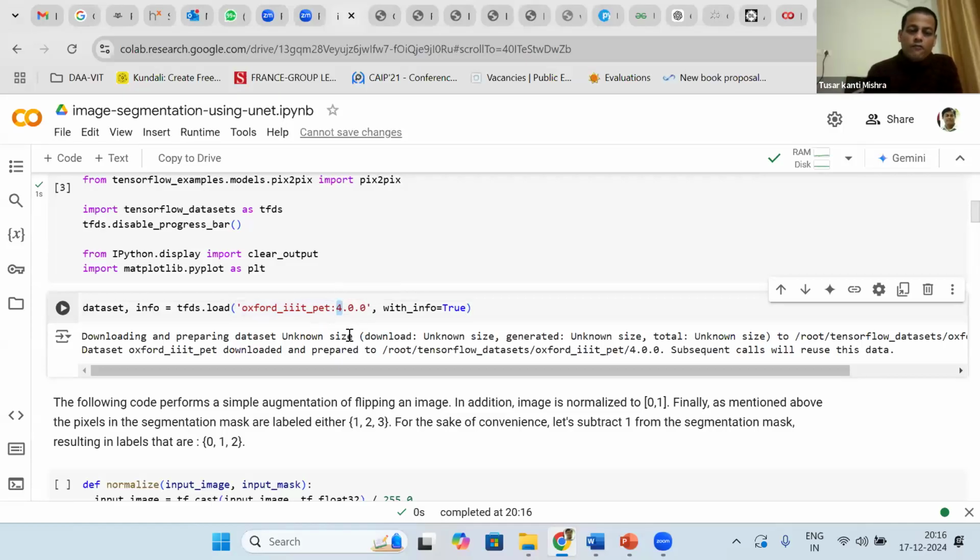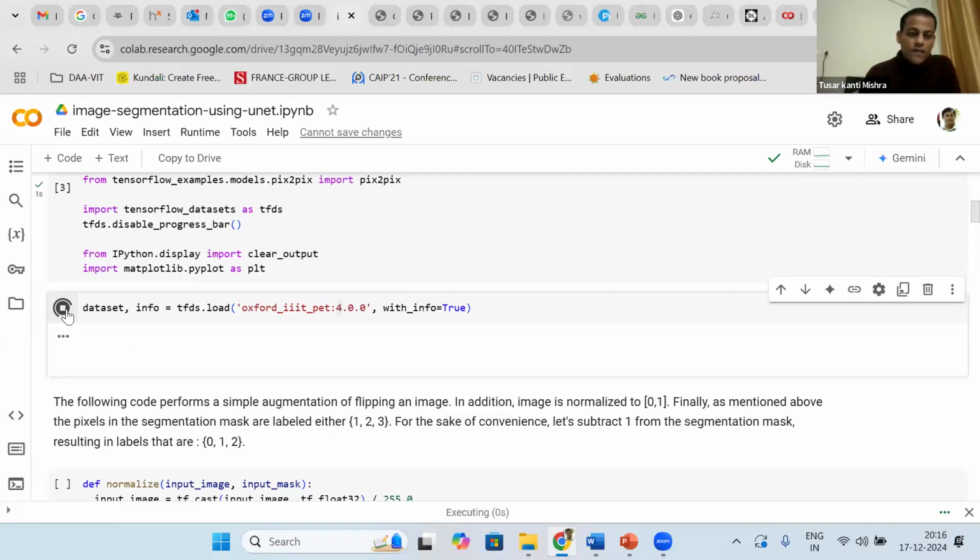The pet dataset 4.0.0 will have to be mentioned. If we take 3.*.*, then they have, I think, removed that and updated their dataset to 4.0.0. We may get error if we use version 3. Let us run this.